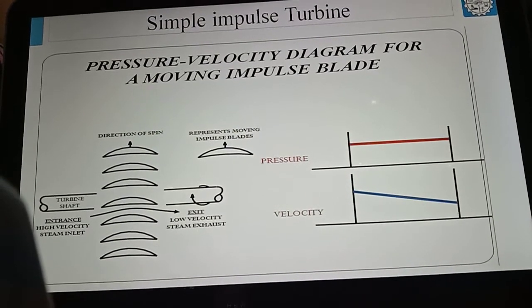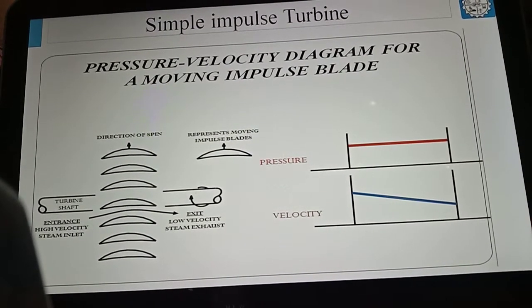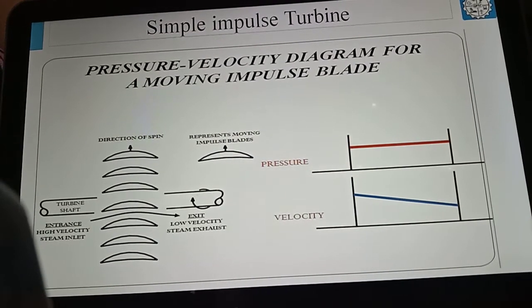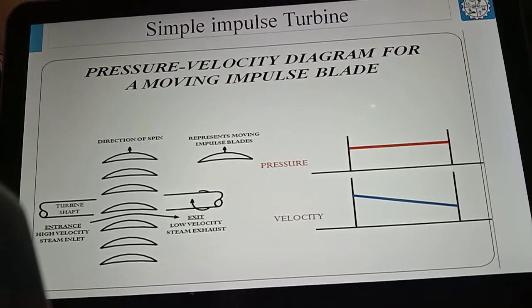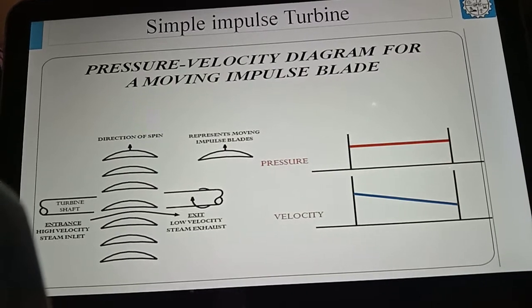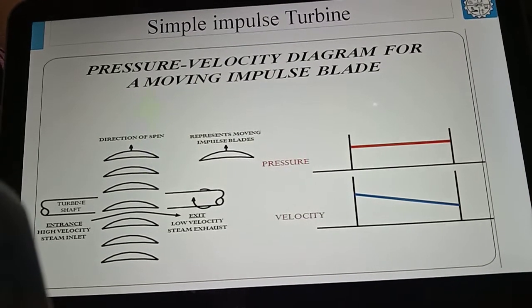In case of examination, if the examiner asks you the pressure velocity diagram, then you can draw this kind of diagram.